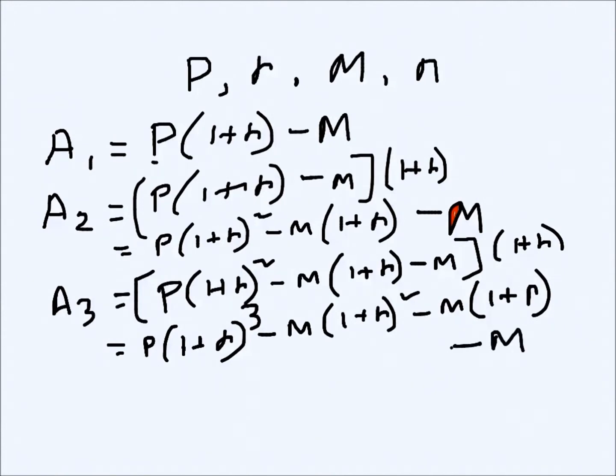So what we can see is there is a pattern. If we write for n, see, when it is 3, this is 3, and for M it is just 1 less in the power.